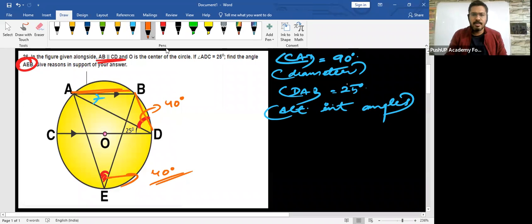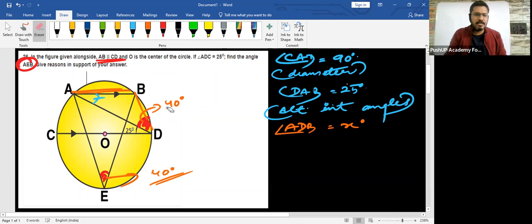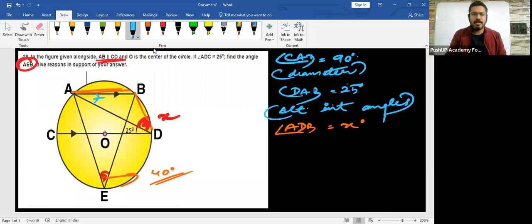Then what did you do? Let's assume angle ADB is equal to X degrees. You didn't know that this value was 40 degrees, so initially you can just assume that it is equal to X degrees.